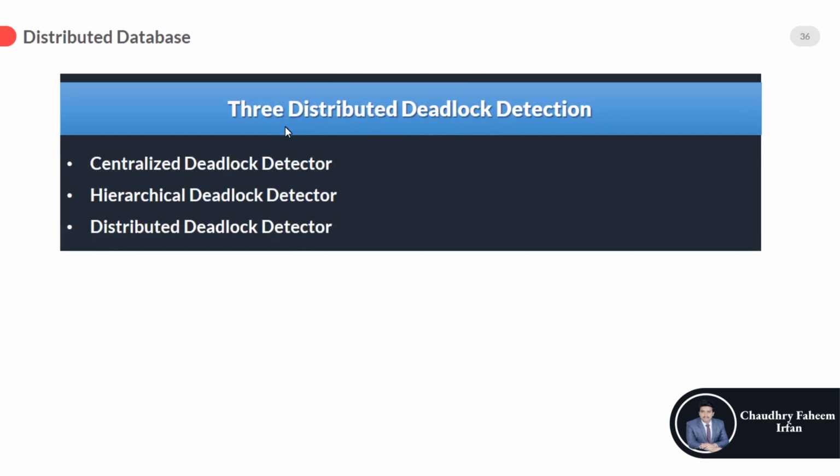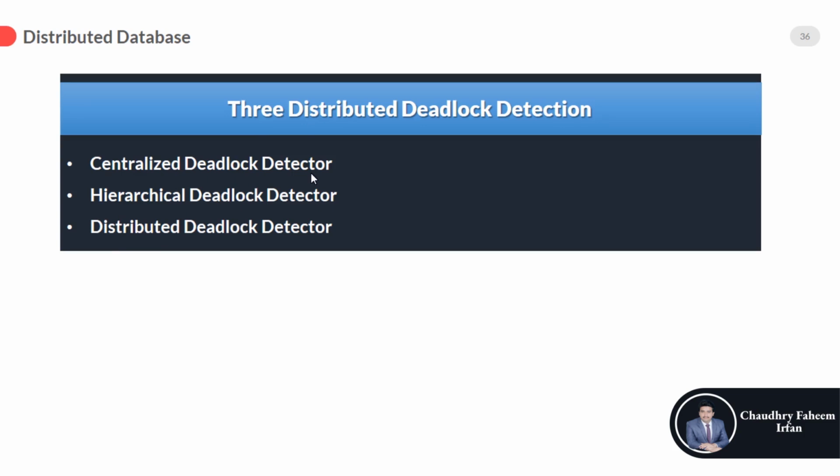So there are 3 distributed deadlock detection approaches: centralized deadlock detection, hierarchical deadlock detection, and the third one is distributed deadlock detection. So these are the 3 detectors. The first one is where one site is designated as the central deadlock detector.